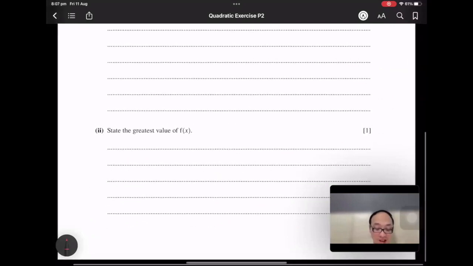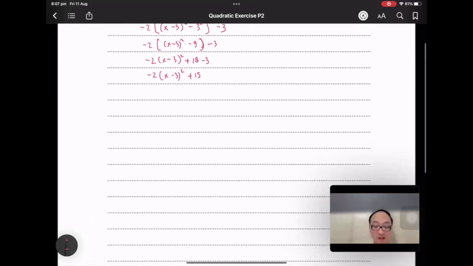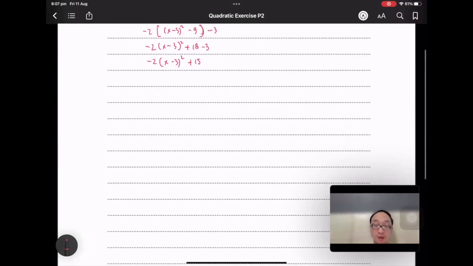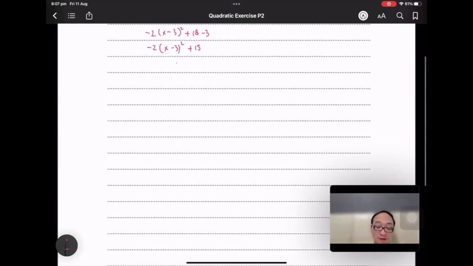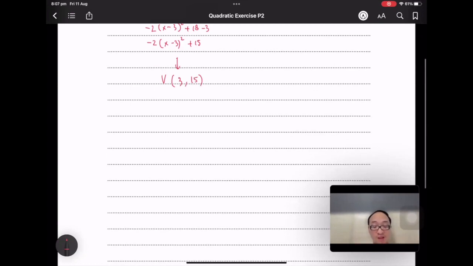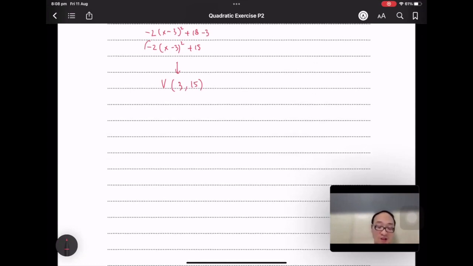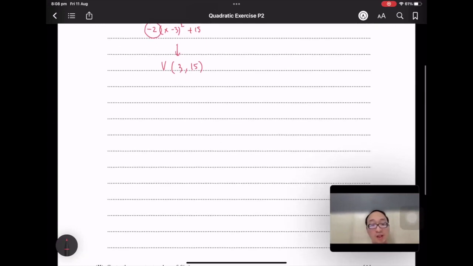State the greatest value of y. So the greatest value of y is the highest point. From the completing the square, we know that the vertex is (3, 15). And since the x squared coefficient is negative, it will be n-shaped.